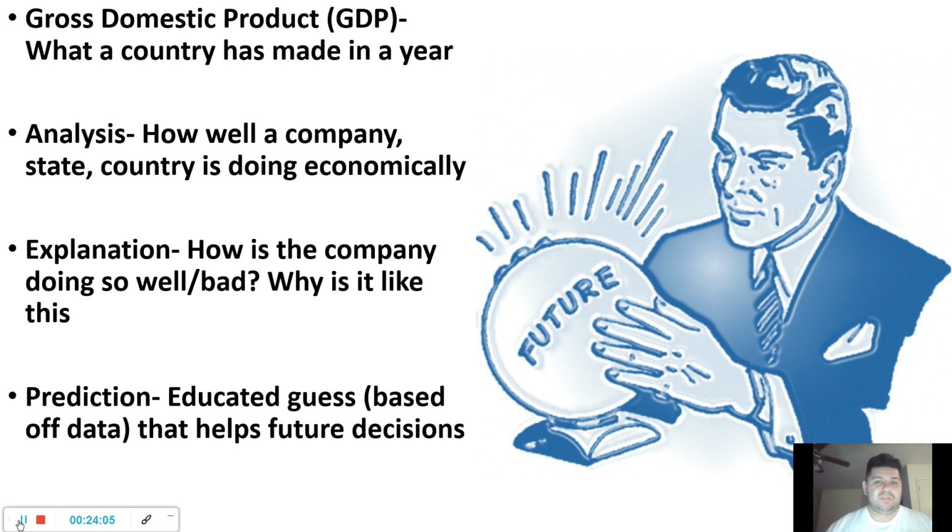Unless something catastrophic happens, there should be no deviation from going up. Same thing in reverse. If you start out well and you're going down, you're going down, you're going down, it's basically easy to see that the next grading period you might go down. Okay. So that's what it is. A prediction, educated guess based off data.